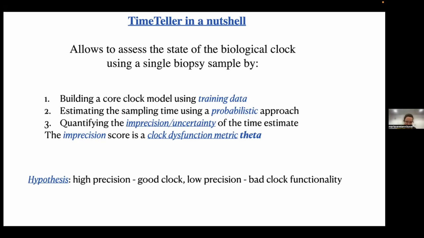We estimate the sampling time using a probabilistic approach for a new test sample for the individual we are interested in. And we assess the uncertainty of this time estimate.